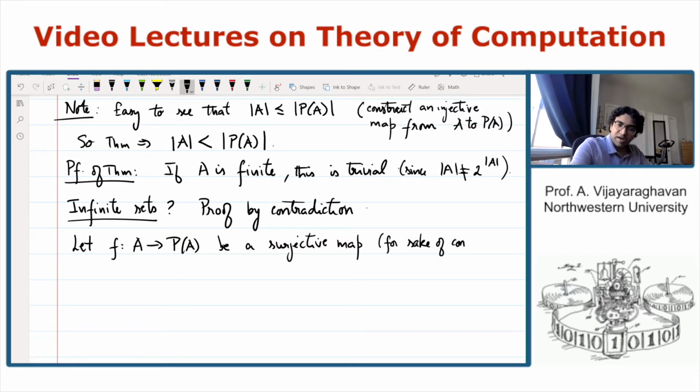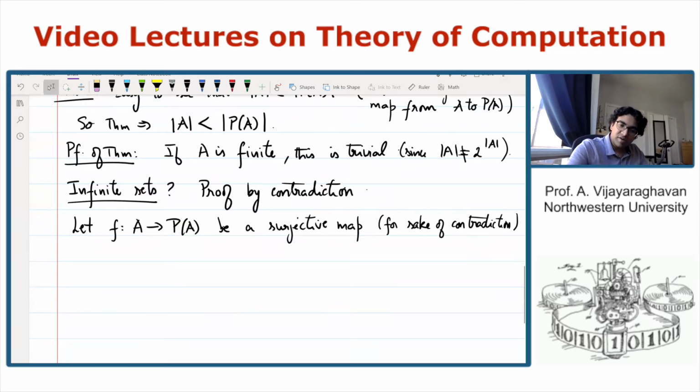So let's say that it actually exists. Now what we're going to do is come up with a set. So remember what a surjection means. We have this map that goes from A to the power set of A, and it means that every element in the power set will have at least one incoming arc. Okay, potentially many.